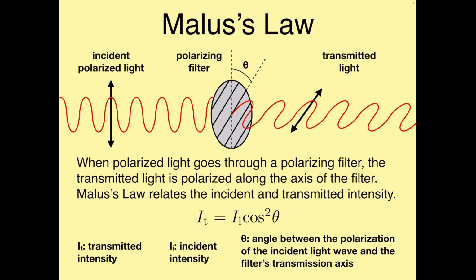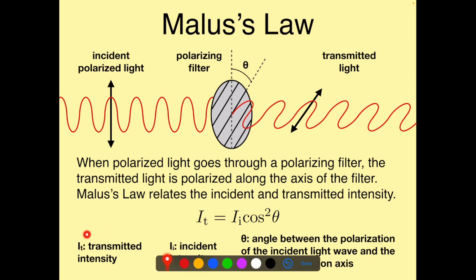So the first thing to note is that when polarized light goes through a polarizing filter, the transmitted light is polarized, but along the axis of the filter. So whichever way we choose to orient this axis, that's going to be the direction of the polarization of this outgoing wave.